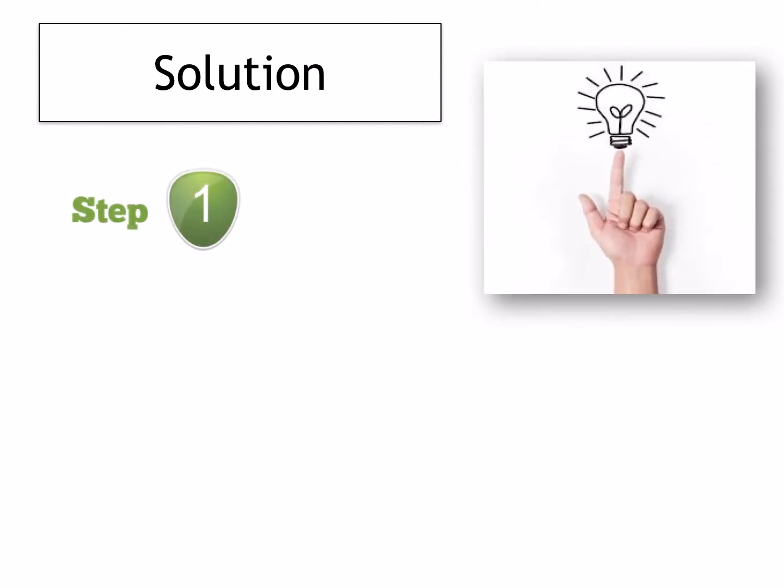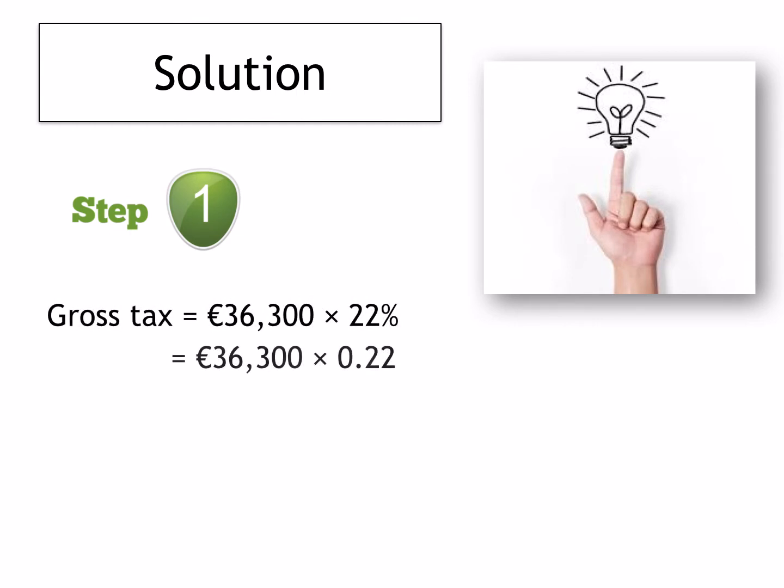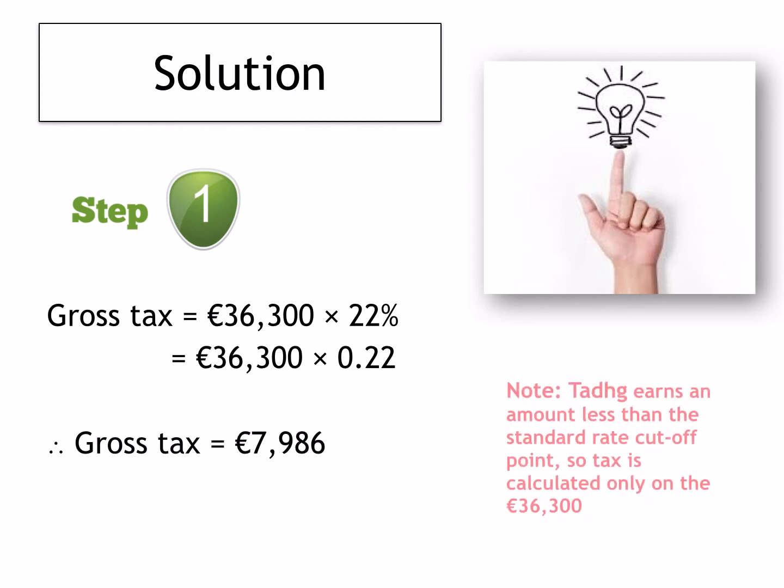We begin by getting 22% of Tadhg's gross annual income, which gives us a gross tax of €7,986. Note, Tadhg earns an amount less than the standard rate cut-off point, so tax is calculated only on the €36,300.